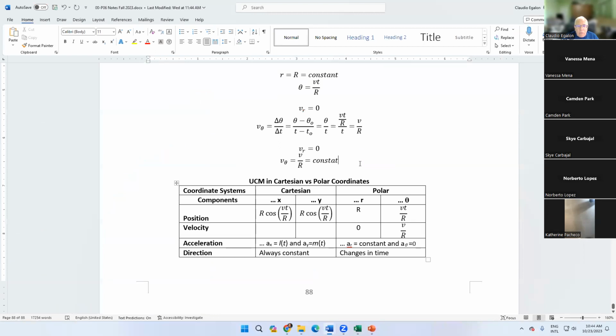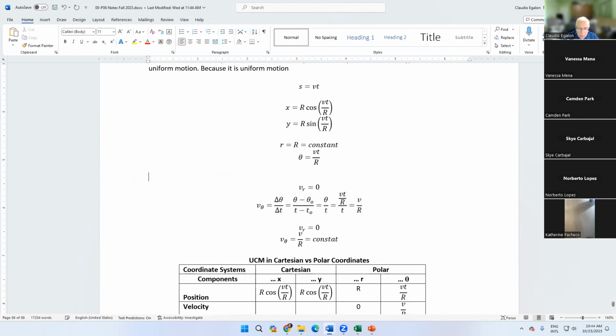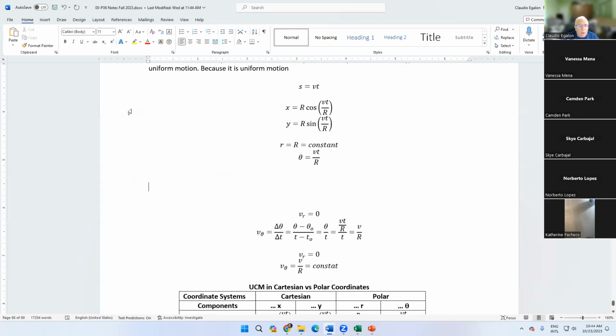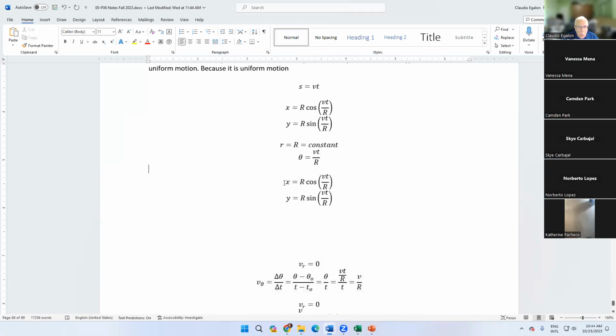I'm gonna do it here. Vx over V is going to be sine of theta. But let's not forget that theta is Vt over R, right?